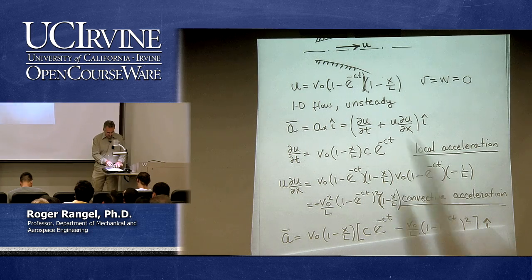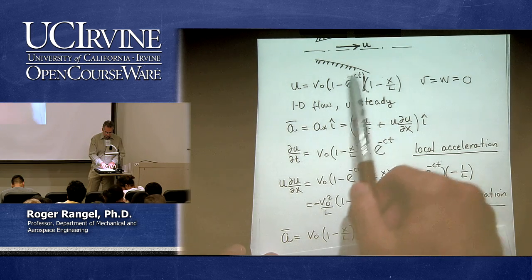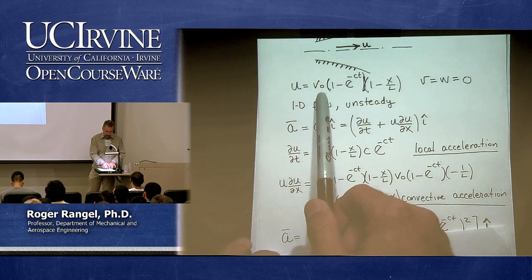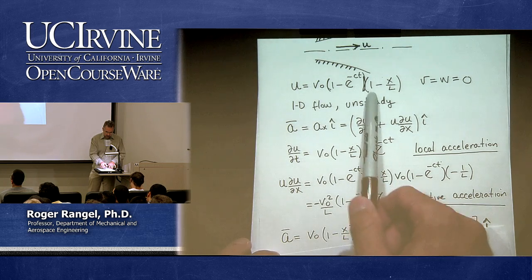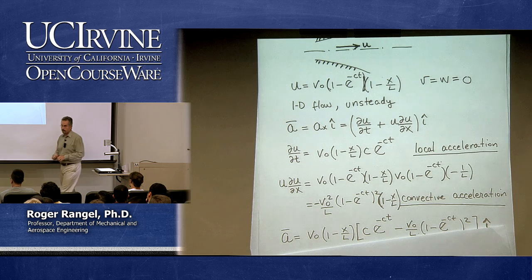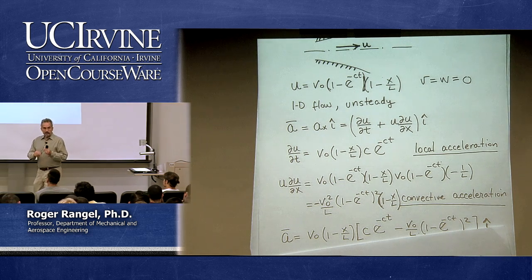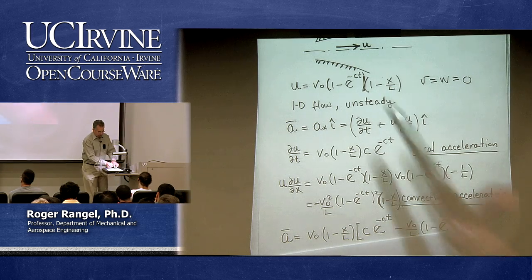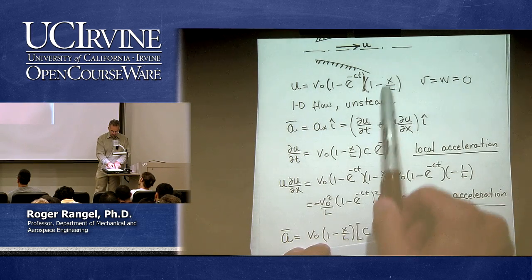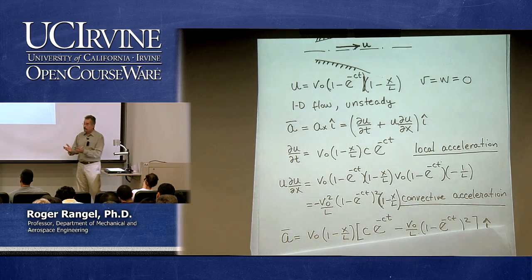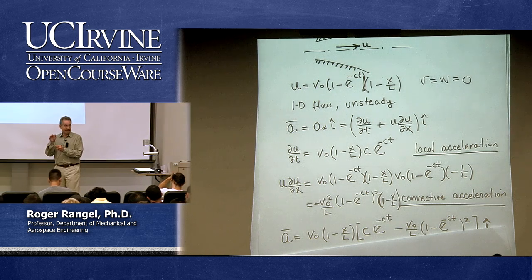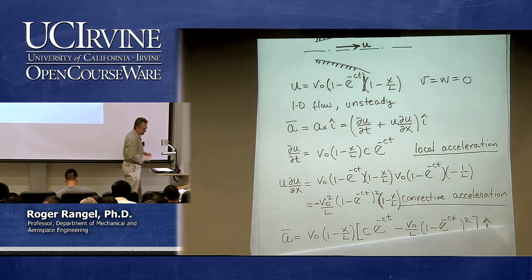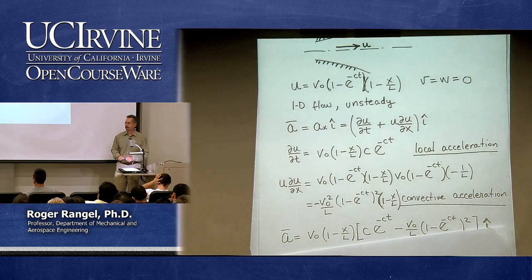After a very long time, this goes to 0, but the velocity becomes steady, and it's just v naught times 1 minus x over L. So the velocity is still decreasing as I go downstream, because this quantity would get larger. So there is still an acceleration. The flow is actually a deceleration. The flow is slowing down as it moves from left to right.